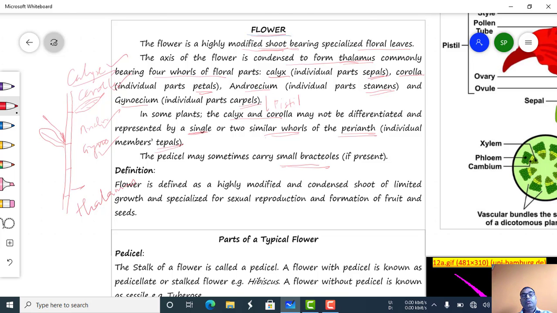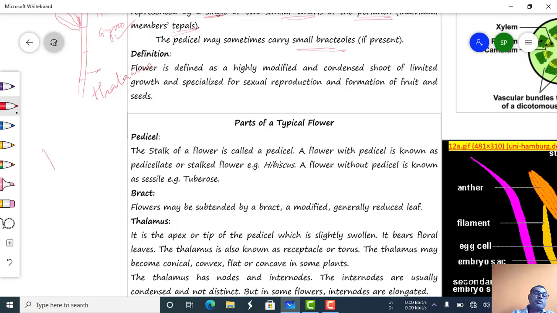What is a bracteole? Suppose this is the axis of the inflorescence, and this is the flower. This part is called the pedicel or stalk of the flower.